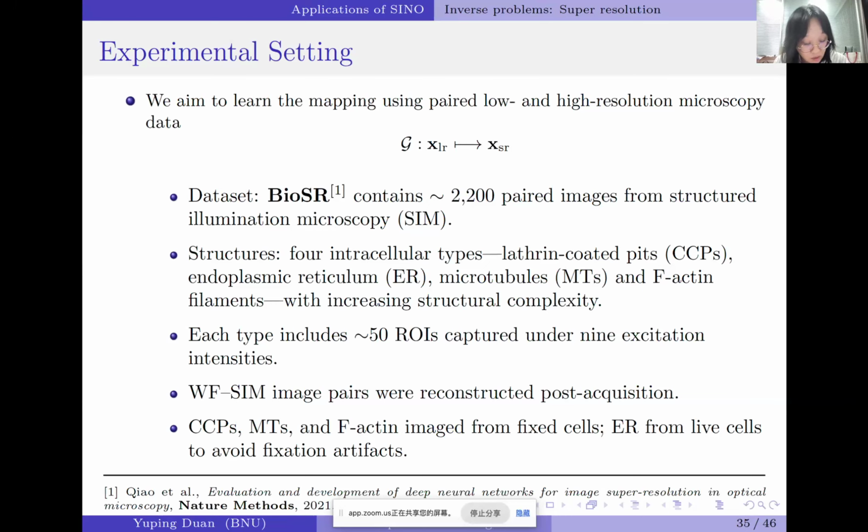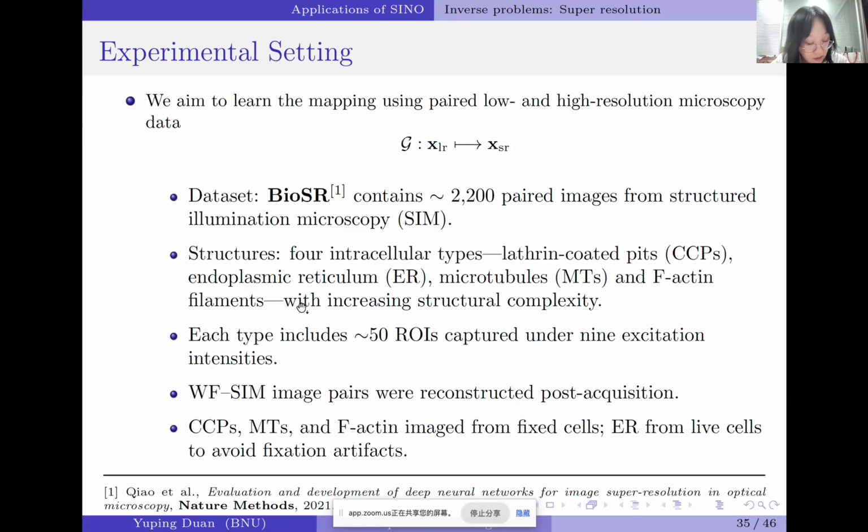For the experiments, we learn the mapping from the low resolution image to the super resolved image. We use the BioSR dataset, which contains 2,200 paired images from structured illumination microscopy.